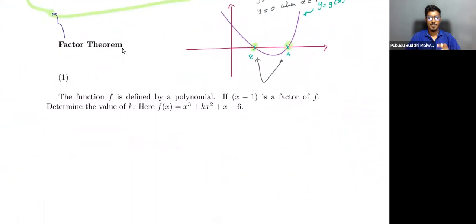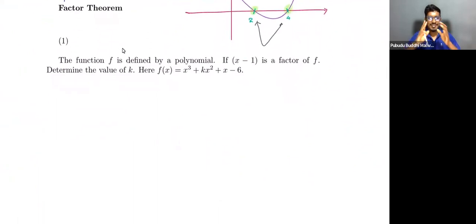Now think through a graph. I think that's much better. Right? Don't need to remember a lot. What can you say about this situation? The function f is defined by a polynomial, right?